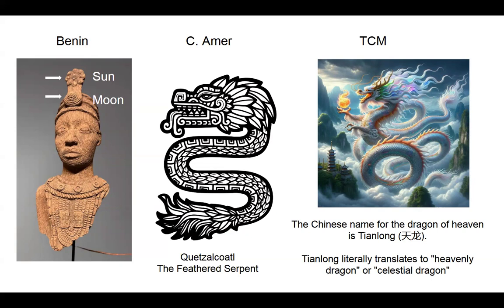We now know that the word heavenly doesn't mean what the Christians mean, right? Celestial doesn't mean what the astrologers mean. It means those inner plane energies that cannot be seen with the physical eye.